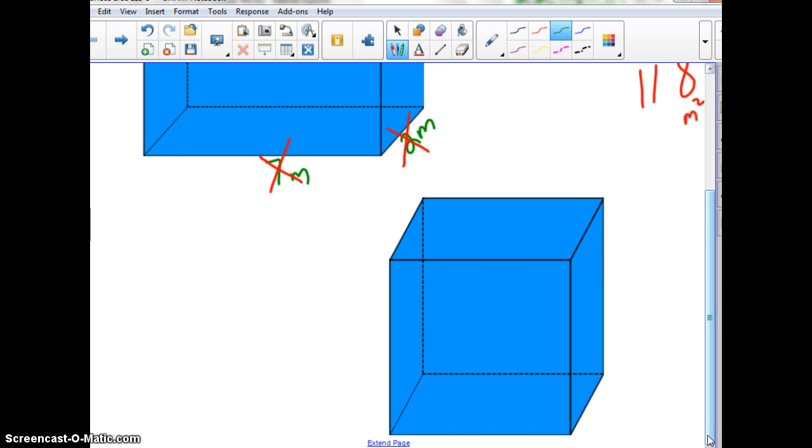Okay, so let me try this. I'm going to go 8 inches, 8 inches, and 8 inches. Pick 2 numbers. Oh, you guys are so smart. Double it. Now, for those of you who can't do that in your head, then off to the side, write this.